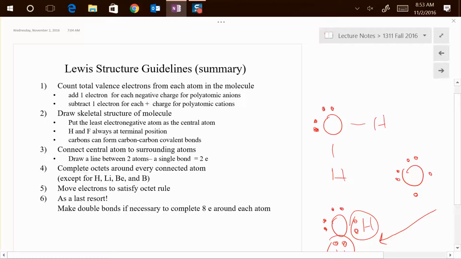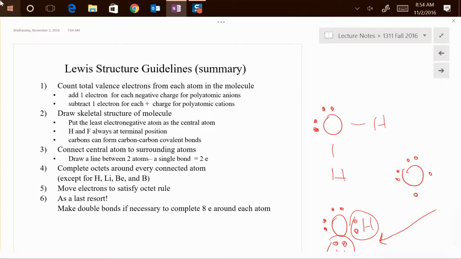Now this is the thing about these guys, fluorine, chlorine, bromine, iodine. For very basic structures, they can never go in the middle. Why? Think about their valence shells.